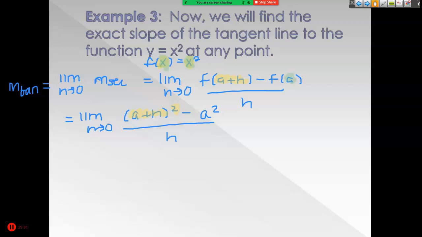So that's where that equation came from. Now you're going to FOIL. So a plus h times a plus h is a squared plus 2ah plus h squared. Because first, last, outer, inner would give you ah twice.